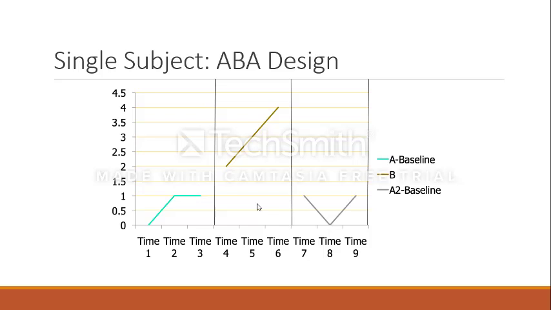Now, if we're talking about something like a reading intervention, it would be really unusual for you to teach a child how to read and they improve, and then you take the intervention away and then they completely forget how to read. So this ABA design may not be an effective method for a skill that, once gained, will not be lost from removing the intervention.